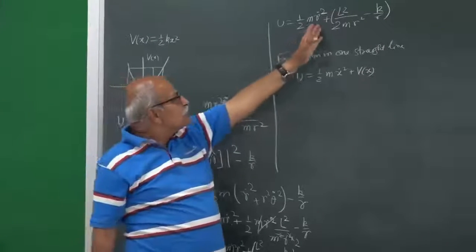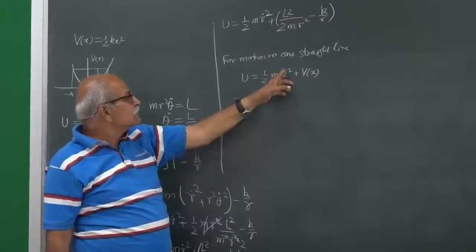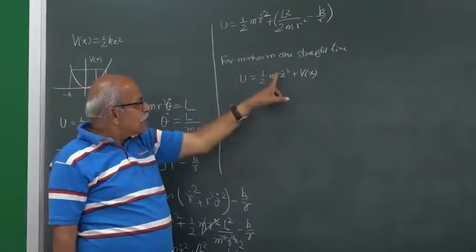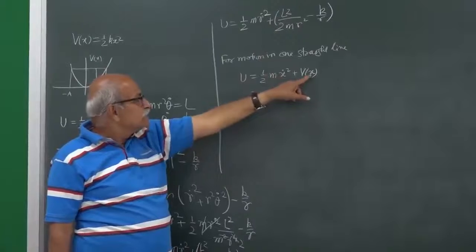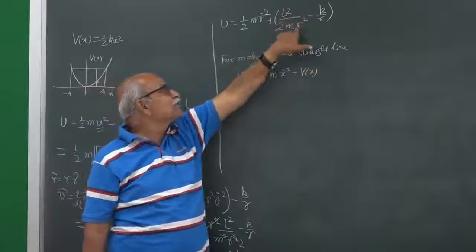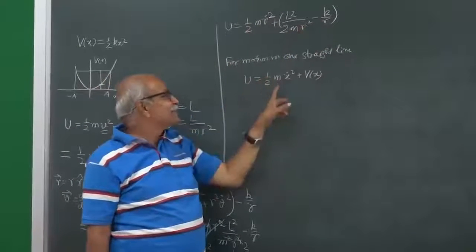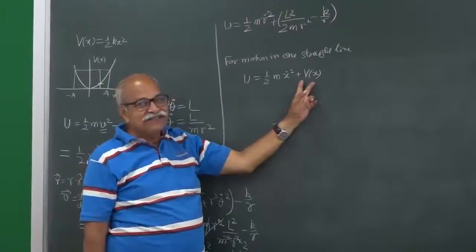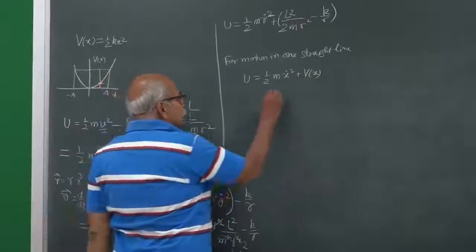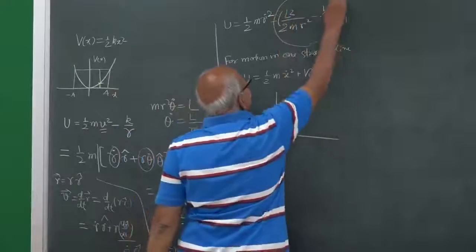Now, this equation is somewhat of this type: half m x dot square, half m r dot square, and the same form is appearing here. It is some function of x dot here and some function of x here, and some function of r dot here and some function of r here. So, you can draw a diagram where this quantity is plotted.